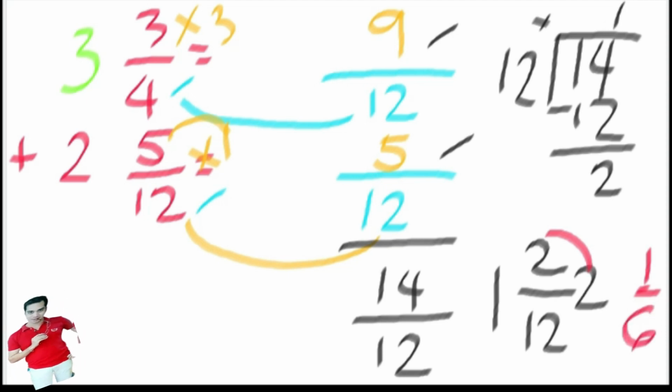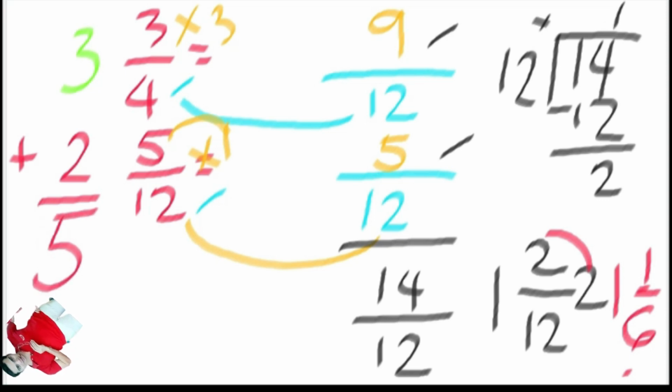Then, write the whole number is 1. So, paano po natin isusulat ang final answer? Kasi dito is 1 in 1, 6. Then, may whole number pa. So, ang gagawin po natin, i-add po natin yung whole number. 3 plus 2 equals to 5. Then, yung 5 po at saka yung 1, i-add po natin.